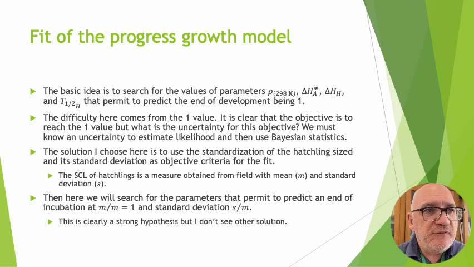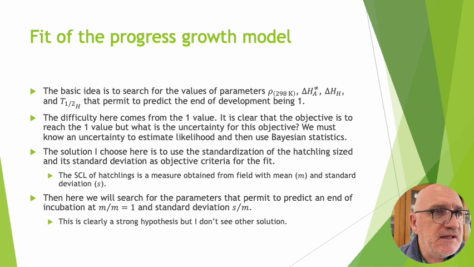Now, if we fit the progress growth model using the linear model, the basic idea in this version is to search for the value of the parameter of the growth rate of embryo that permits to predict the end of development being 1.